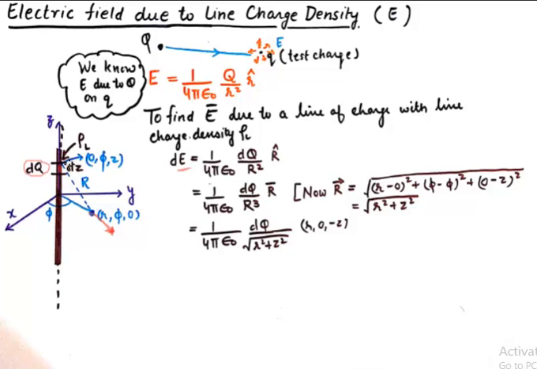So coordinates of this point is 0, phi and z, by the way, because it is at some height, let us say z. So this is an important point. So this distance r from this differential length to this point is expressed as r square plus z square, and we substitute it here.